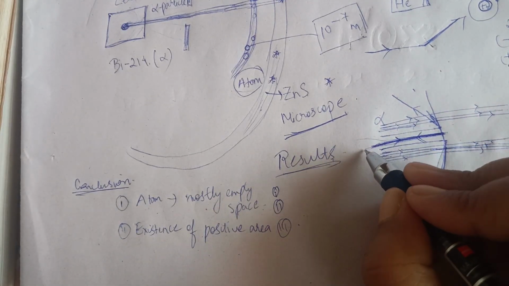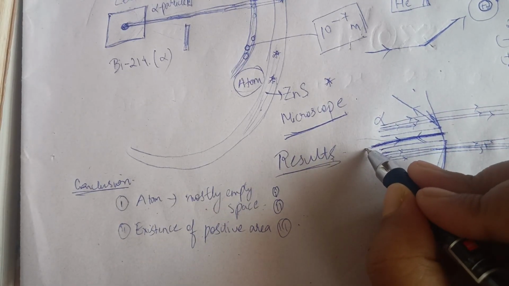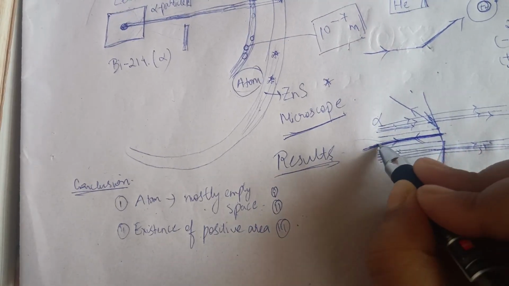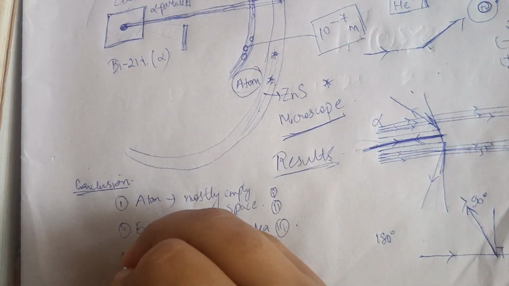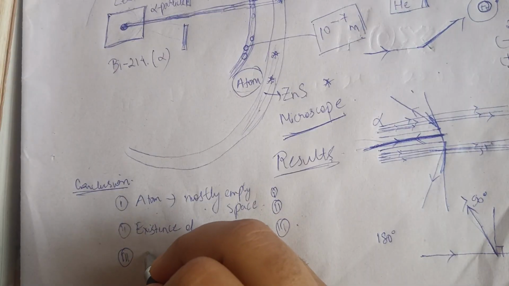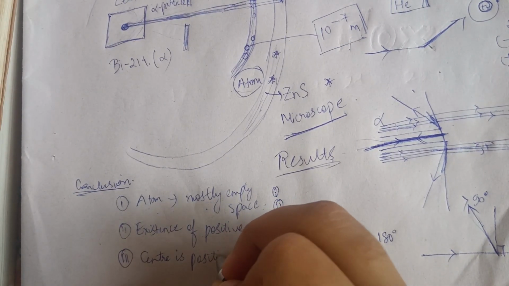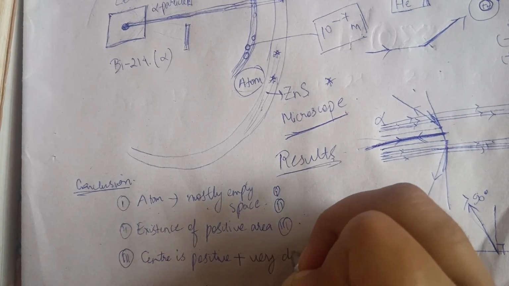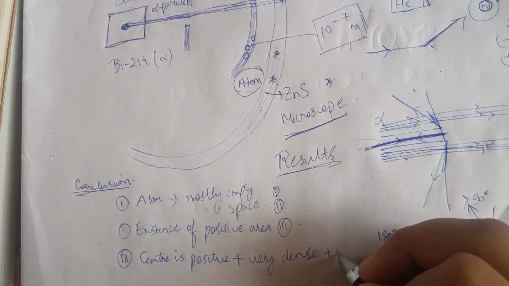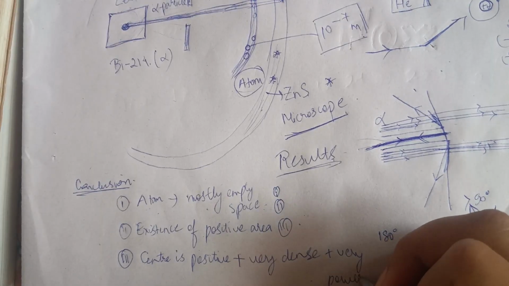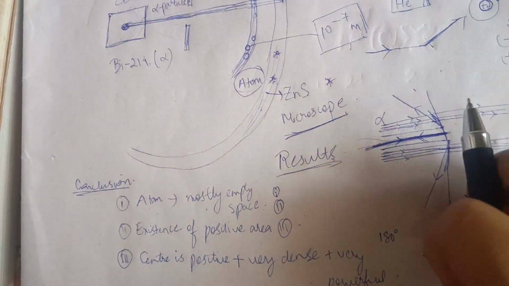Since very few, about 1 in a million maybe, alpha particles were scattered back in the same direction, it concluded that the positive area is somewhere in the center of the atom. The center is positive, very dense and very powerful.